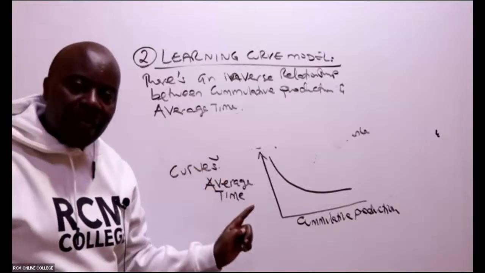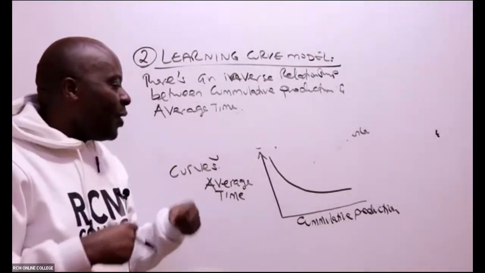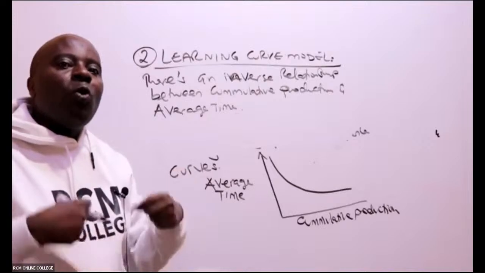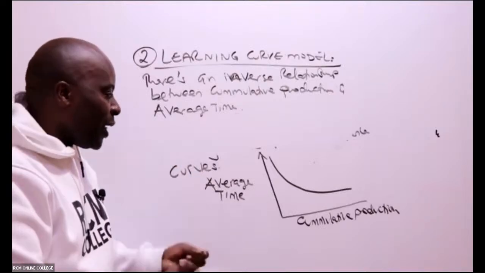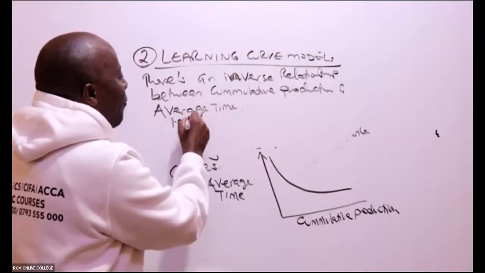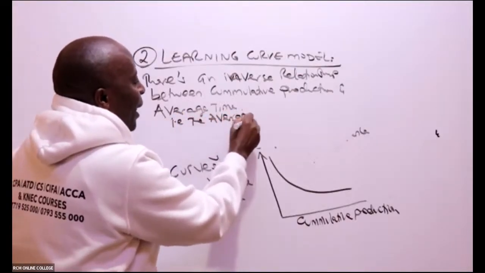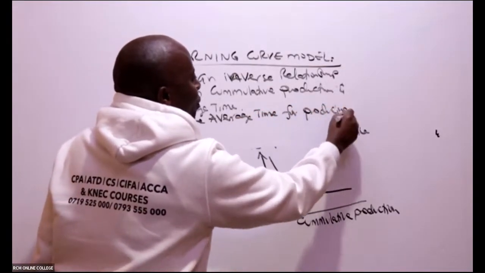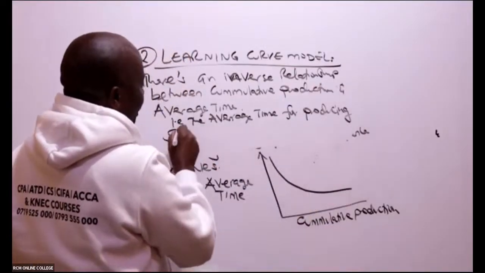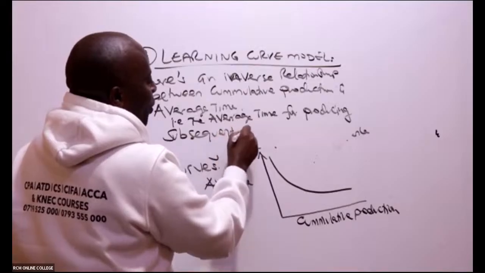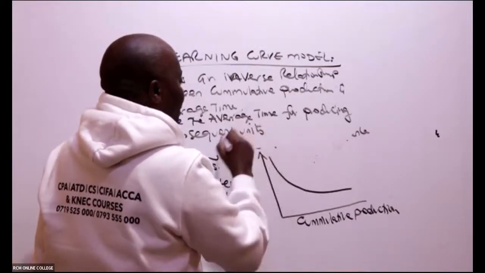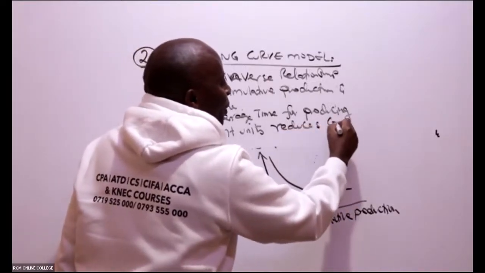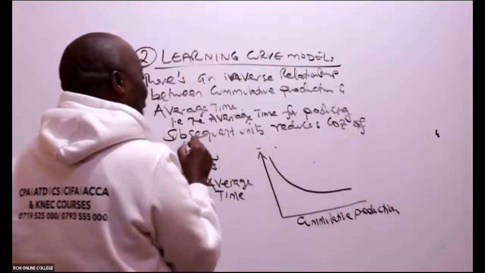What this means is that the average time for producing subsequent units shall always reduce, because of learning effects.